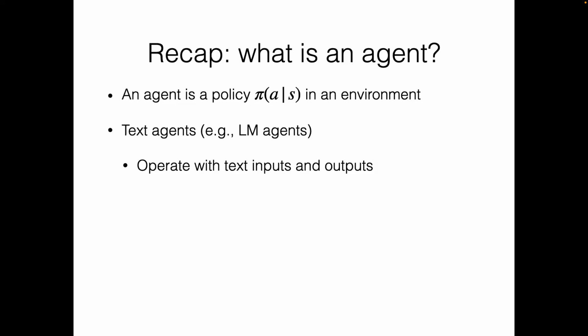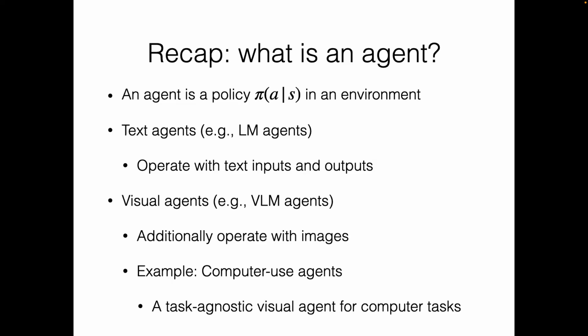And you can build these agents using language models in different ways. So you could have text agents, which are representing the states and the actions using some kind of text. Or you can have these visual agents, which are additionally trying to use images.